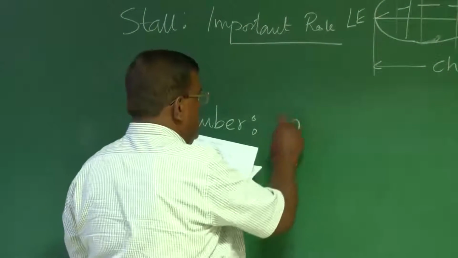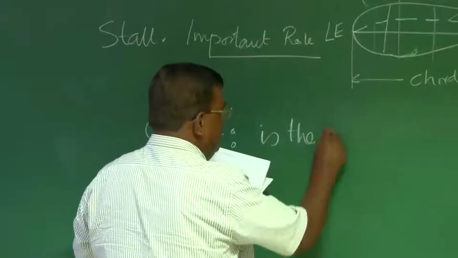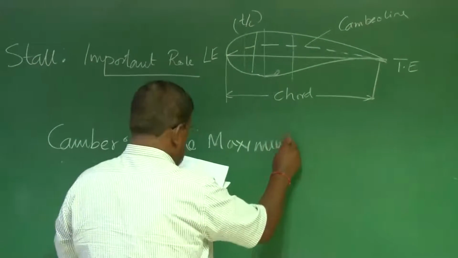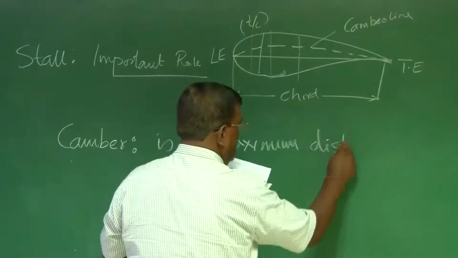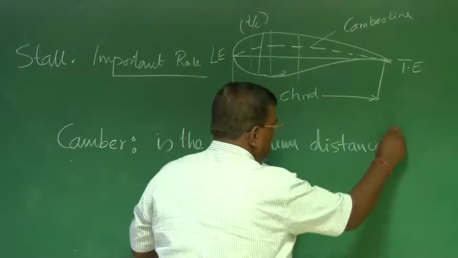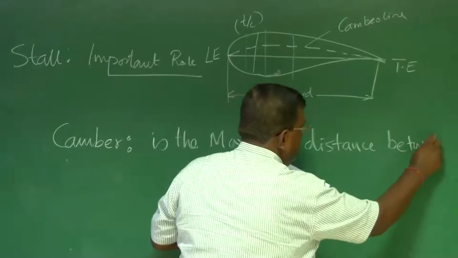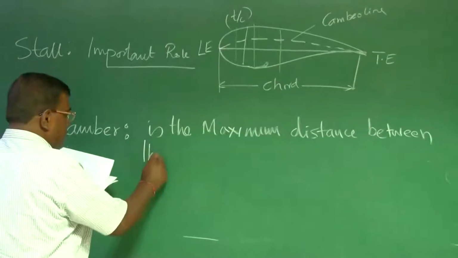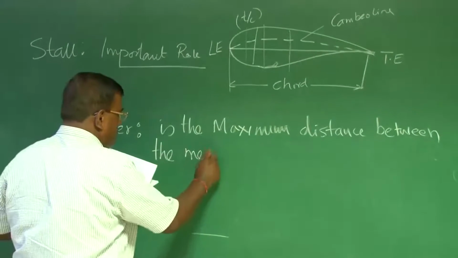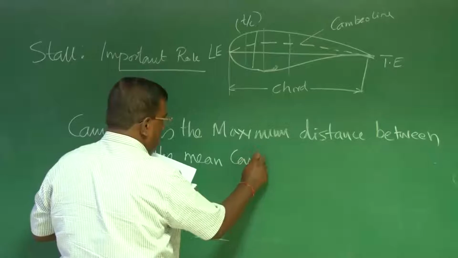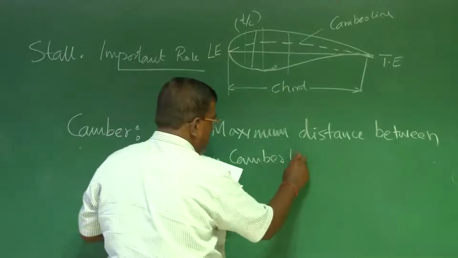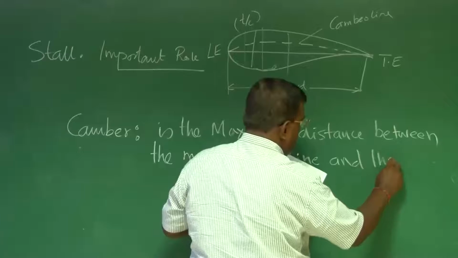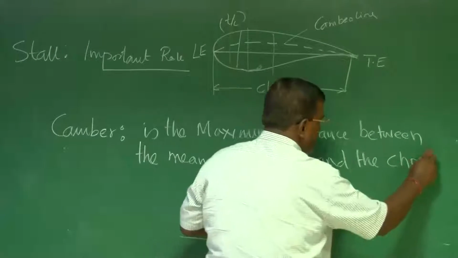So it is the maximum distance between the mean Kimber line and the chord line.